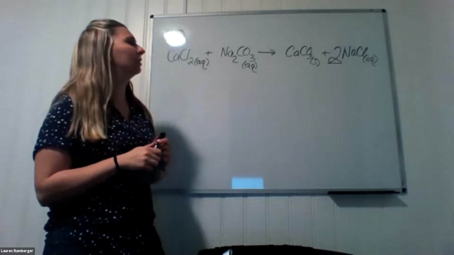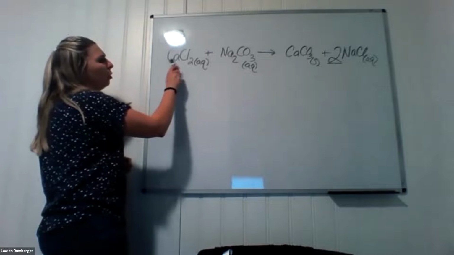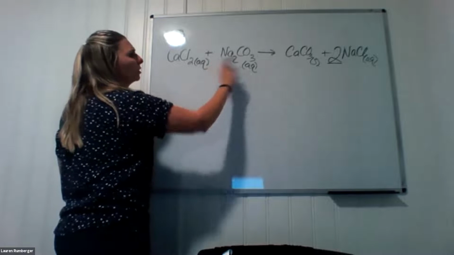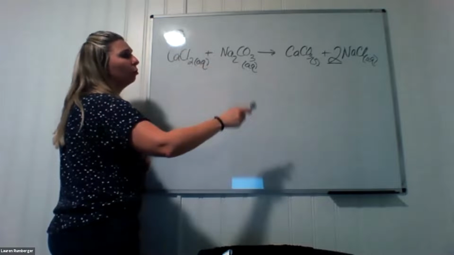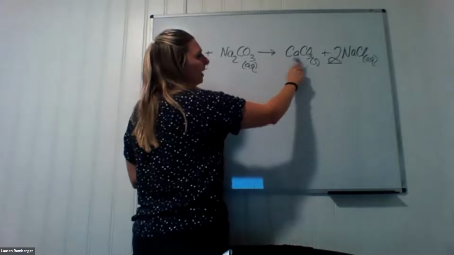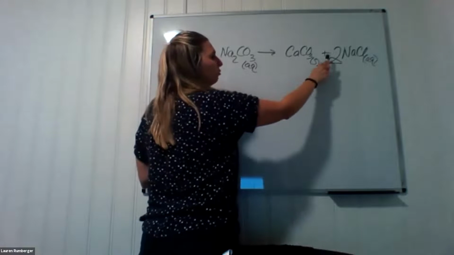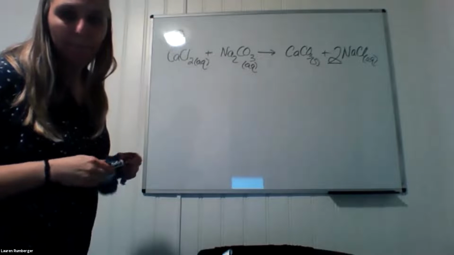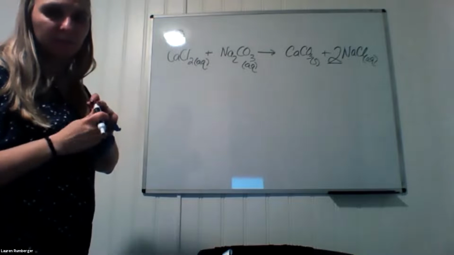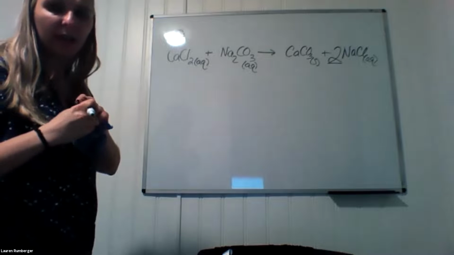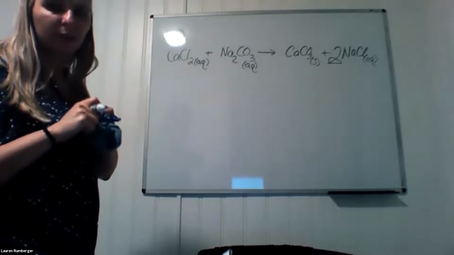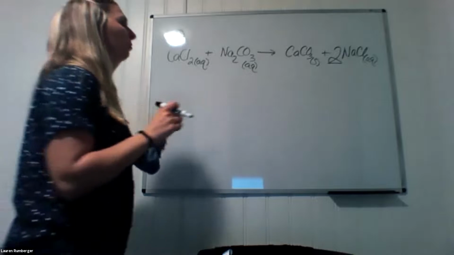So what this reaction is saying is that 1 mole of calcium chloride is reacting with 1 mole of sodium carbonate to form 1 mole of calcium carbonate and 2 moles of sodium chloride, okay? But our question is saying that we have 0.022 grams of calcium carbonate being produced.